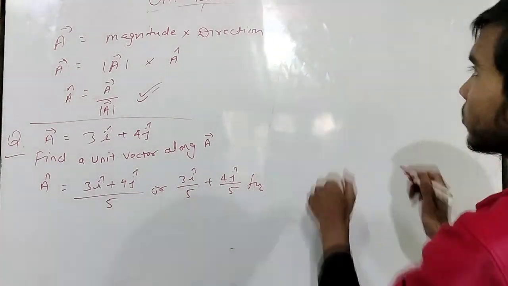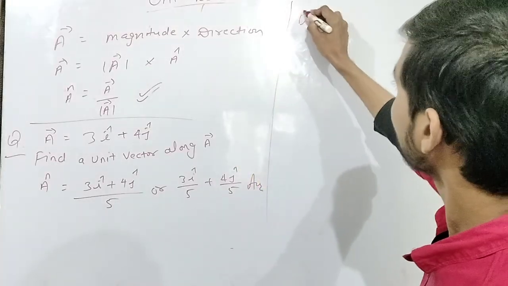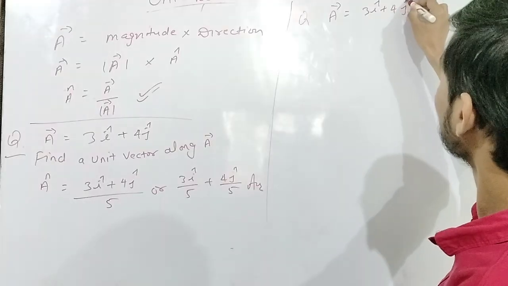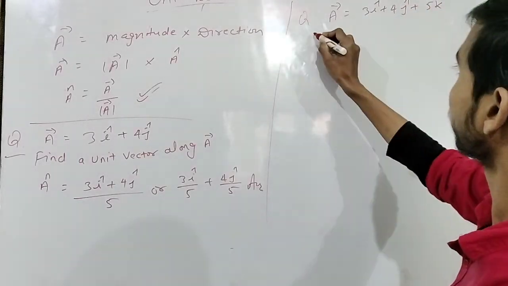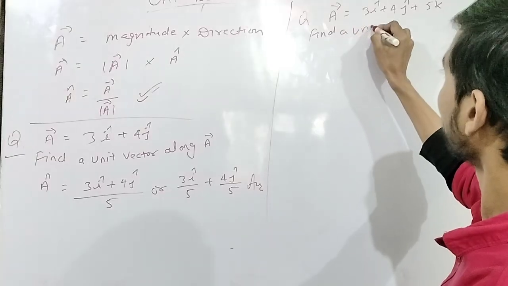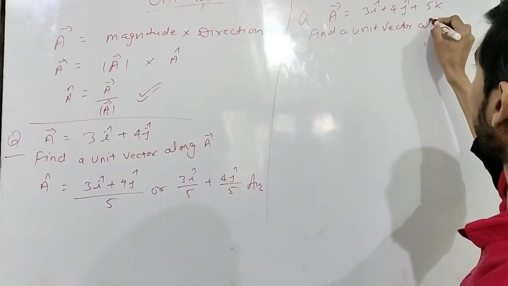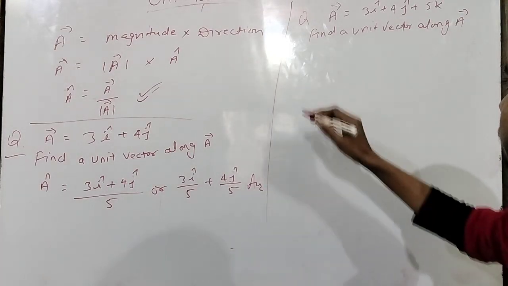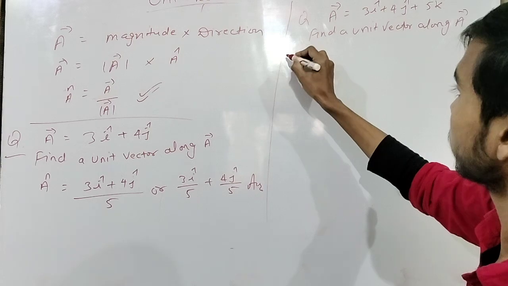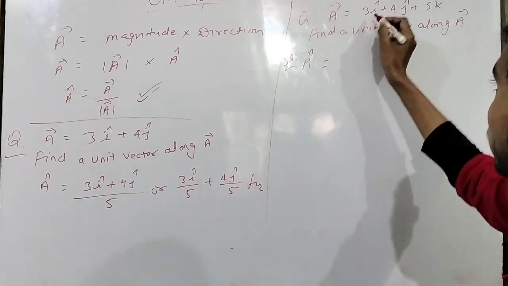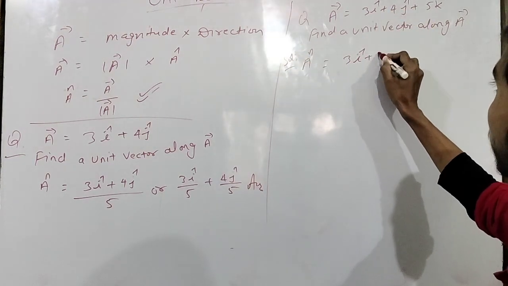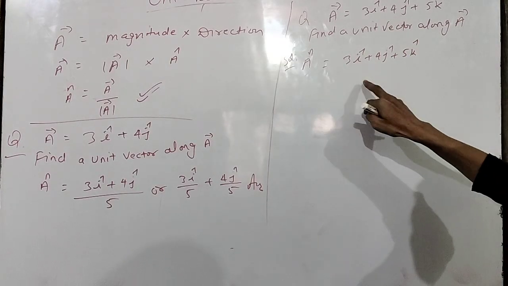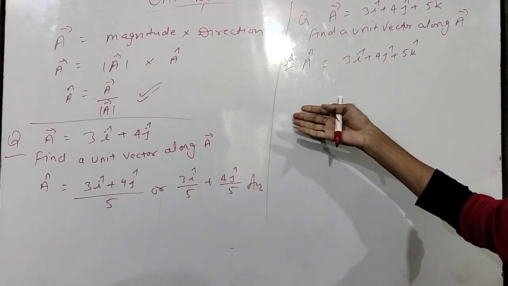Now next, 3i plus 4j plus 5k. Find a unit vector along this vector. So a cap is equal to 3i plus 4j plus 5k. Don't remove this direction because we are going to find the direction.